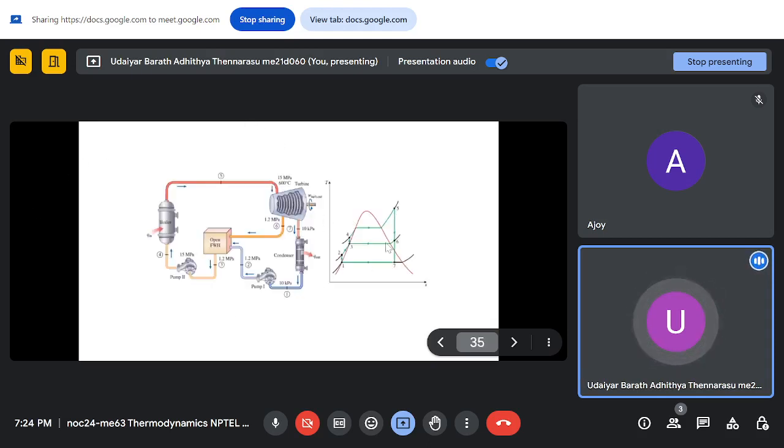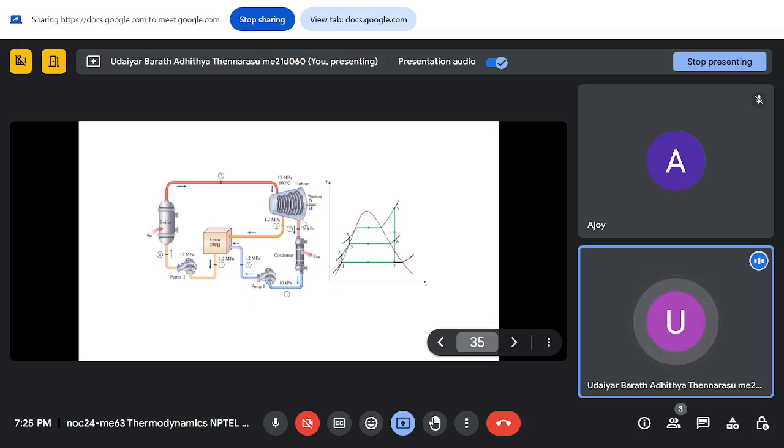So you see, this is how the cycle will look. You pump the fluid, heat it in the boiler, and then send it to the turbine. From the turbine you take away a small amount of fluid at some intermediate pressure. You bleed off some fluid and mix it with the fluid coming out of the condenser.